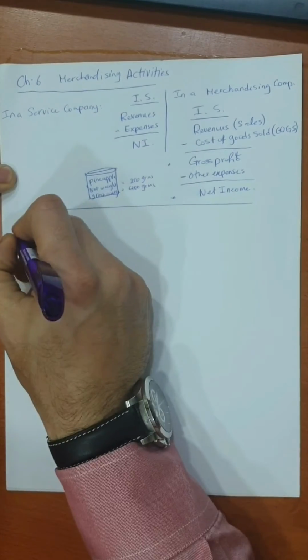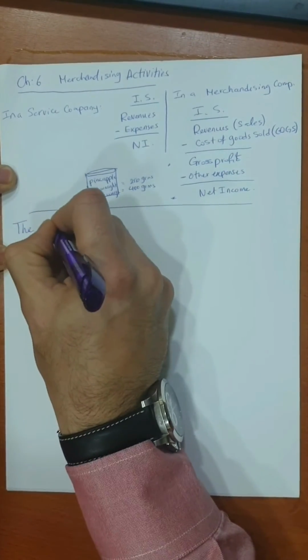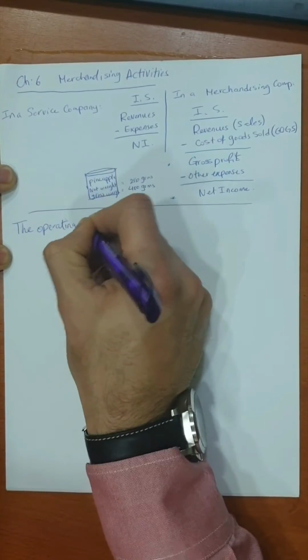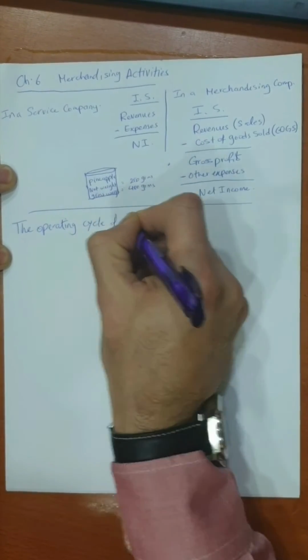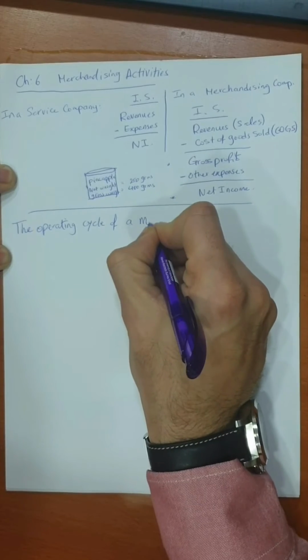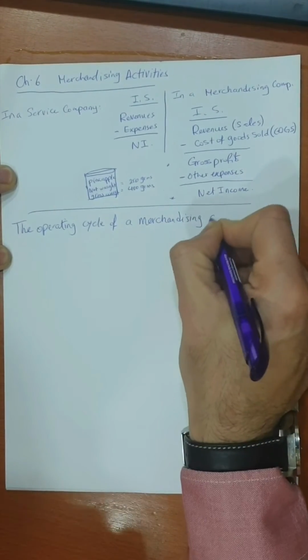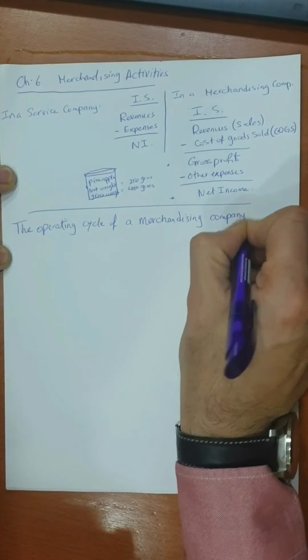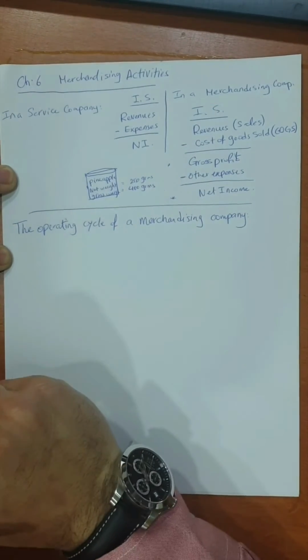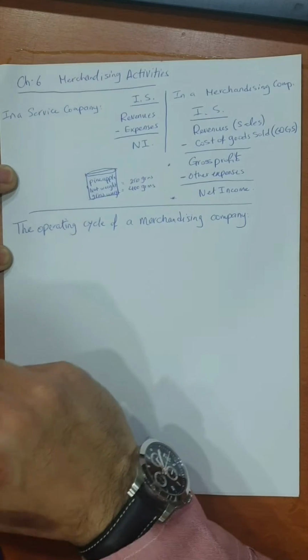Now, the operating cycle of any merchandising company. Just as an example of a merchandising company, Walmart is a merchandising company, Spinneys in Lebanon is a merchandising company.